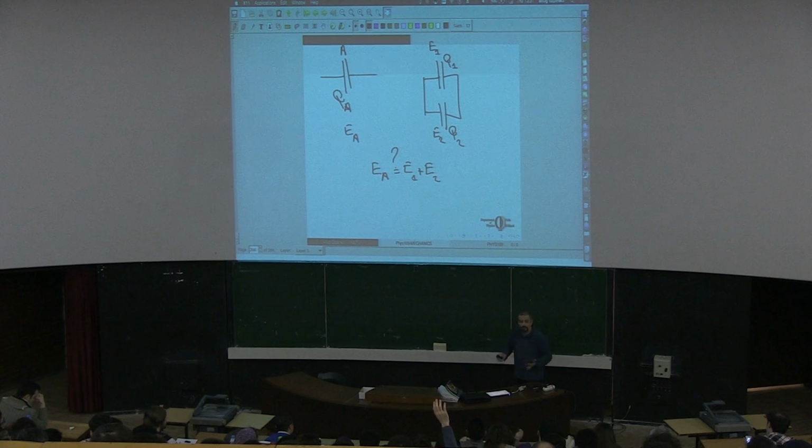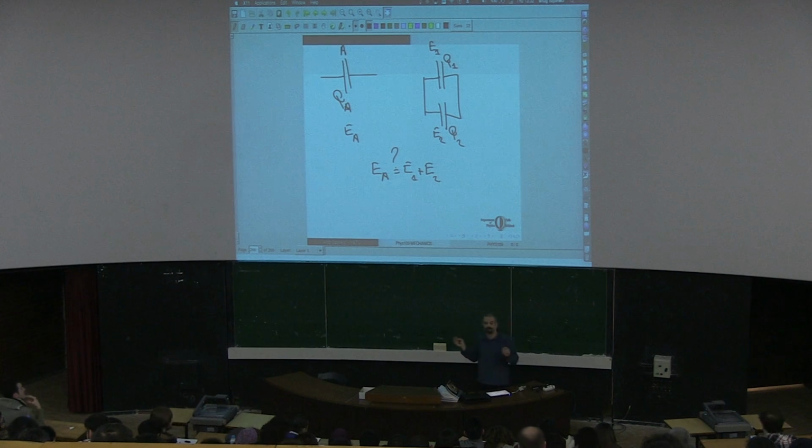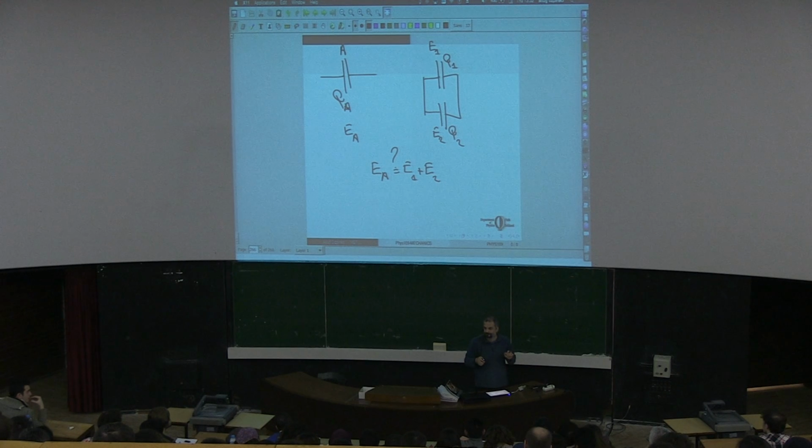So where did it go? We are talking about electrostatics, and we compare the energies in these two cases. This is something that we will be discussing next week after the exam. What happens to the difference?